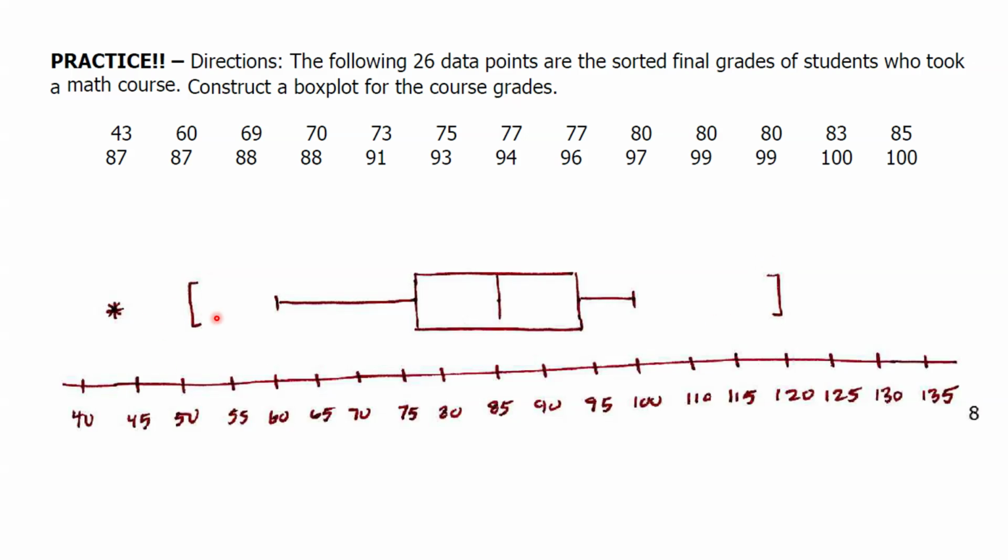Okay. Then you would place smaller vertical lines at your smallest and largest values that are inside of your fence and connect them to your box. Those are your whiskers. And then you add an asterisk for any outliers that are contained within your data set.